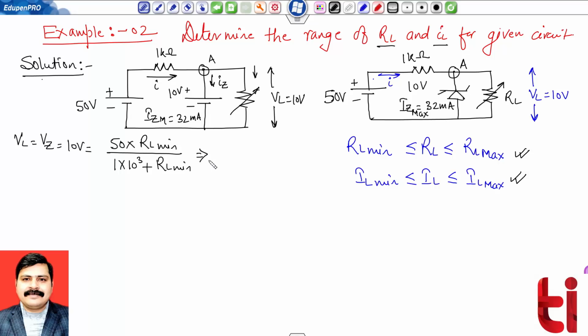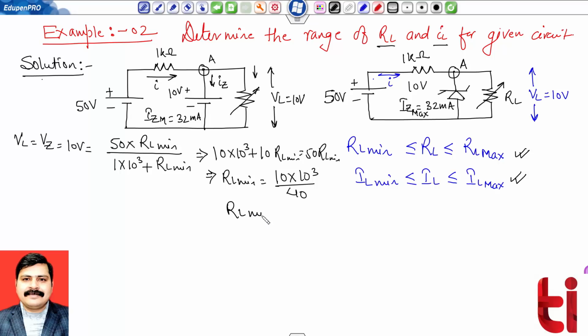Now we have to solve it. It will be 10 into 10 raised to power 3 plus 10 into RL min equal to 50 into RL min. Therefore, RL min will be 10 into 10 raised to power 3 divided by 40.